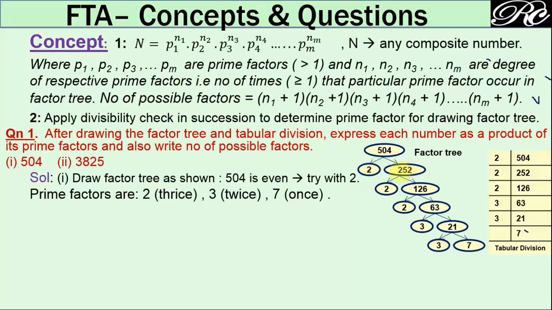Now this is divisible by 2, so take this 2, divide this 252 by this 2, you will get the other factor 126. Further divisible by 2, on dividing this 126 by 2, you will get 63. So it is the same as this tabular division, but we have to arrange this in the form of this. So this arrangement is called a factor tree.